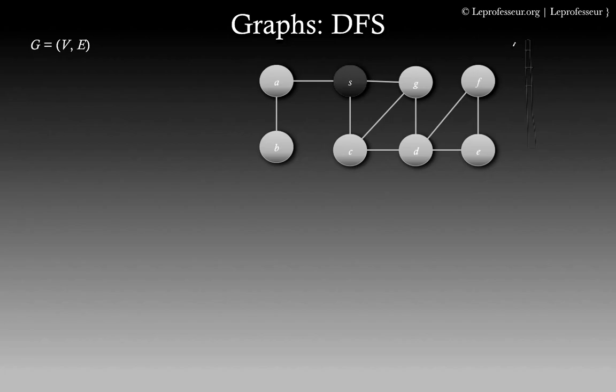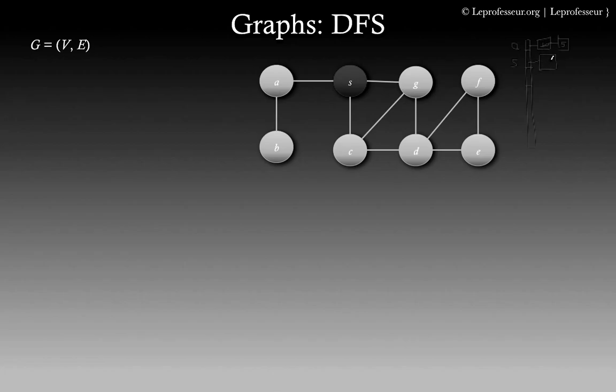Say for example, we are going from vertex A. What are the connections from the vertex A? It is B and S. Same way you can fill up the other connections, or the full adjacency list.